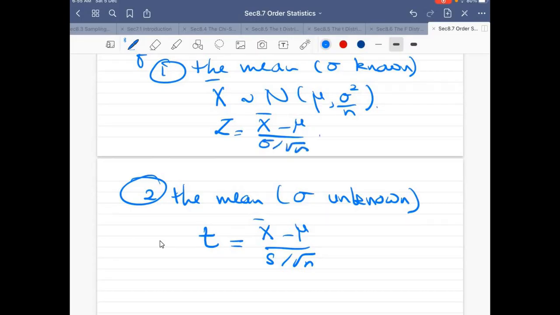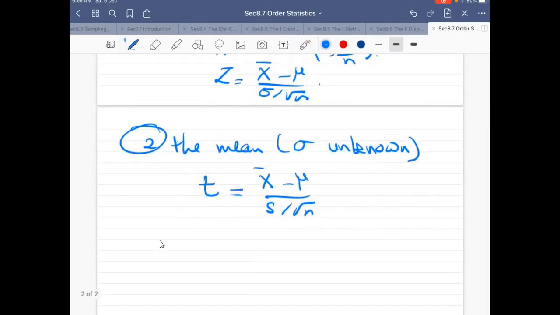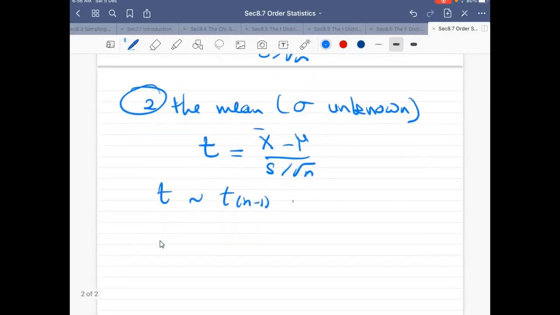If sigma is known, we can compute the z probability. If sigma is unknown, then we deal with the t distribution, which has n minus 1 degrees of freedom.